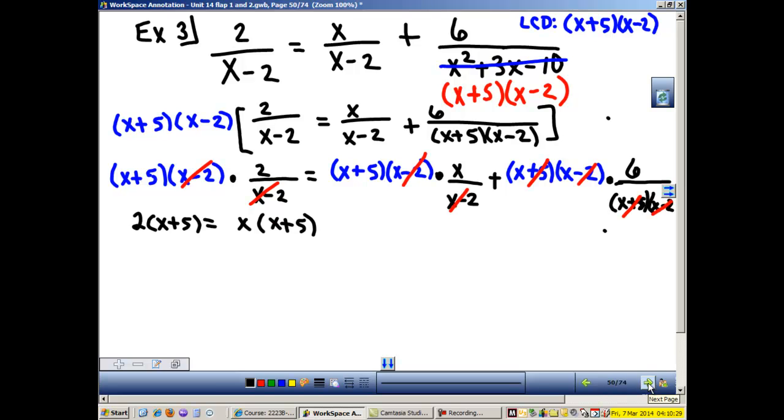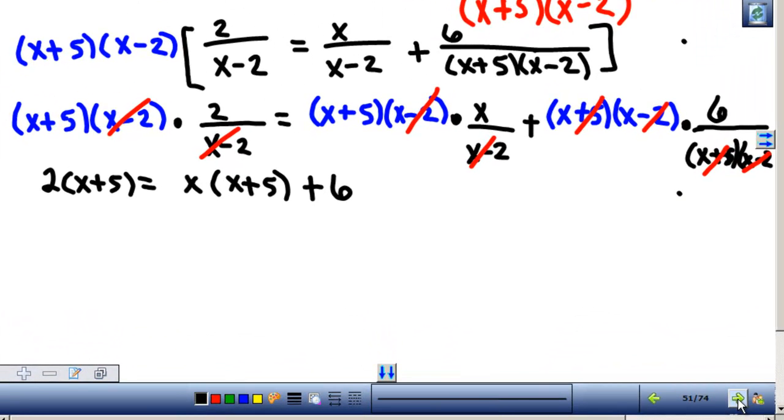And in the third term, both the x plus 5 and the x minus 2 cancel, leaving 6. Now we have a one-variable equation. Solve for the variable x. Remember to distribute both the 2 and the x to everything inside their respective parentheses.